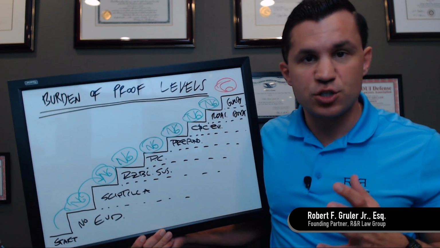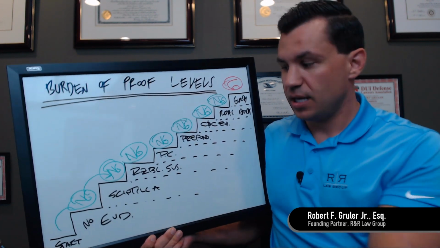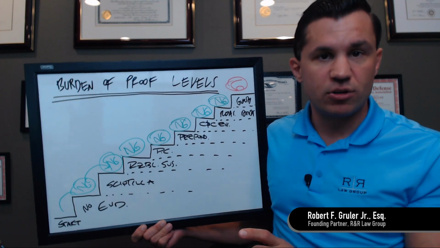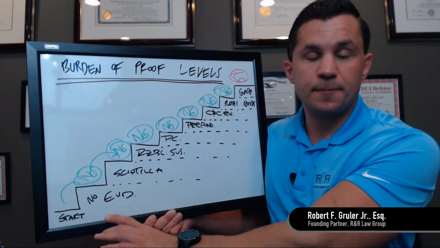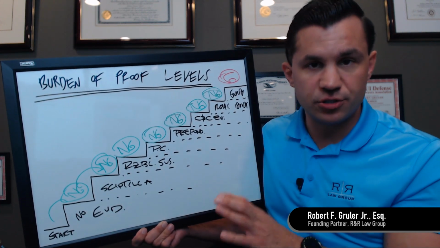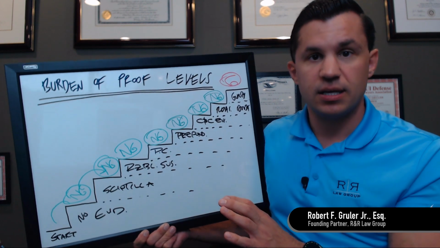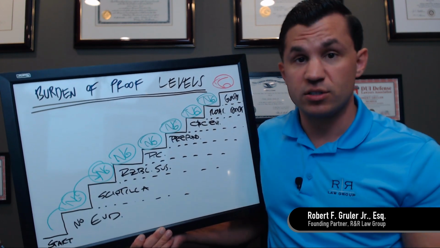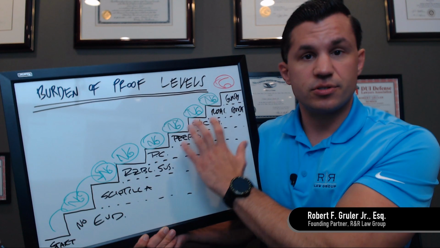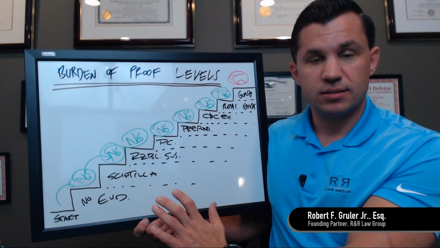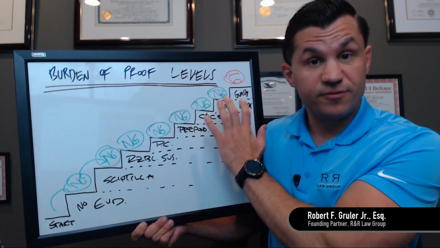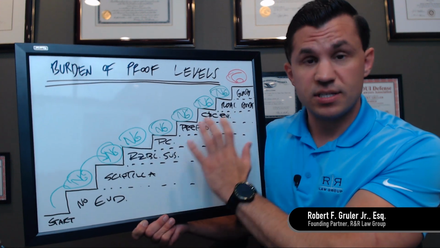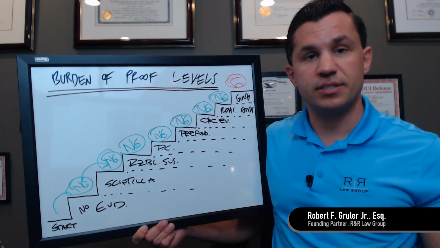At the beginning of any criminal case, you are 100% innocent. It's the government's responsibility to prove that you are guilty beyond a reasonable doubt. There's all these different levels of culpability where you could be falling into one of these categories, but that doesn't mean that you're guilty.